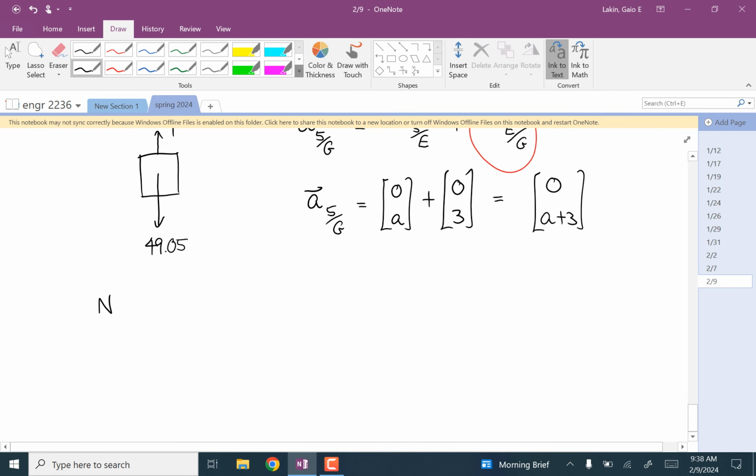And now go to Newton's second law. We have 0, T plus 0, negative 49.05 is equal to 5 times 0, A plus 3.